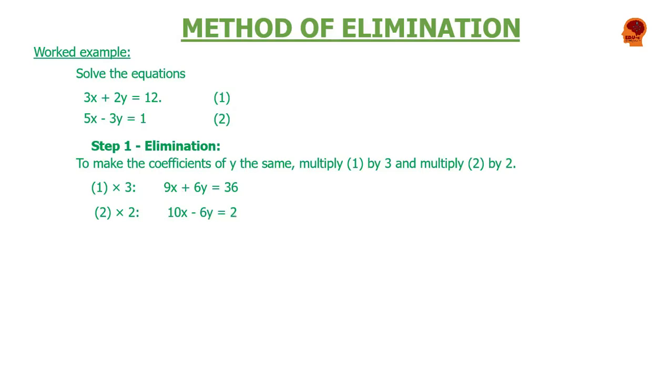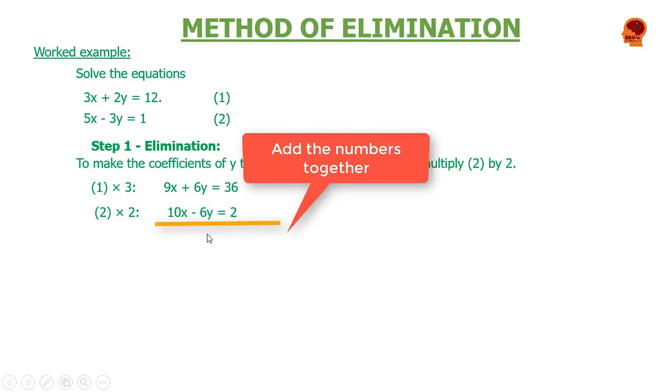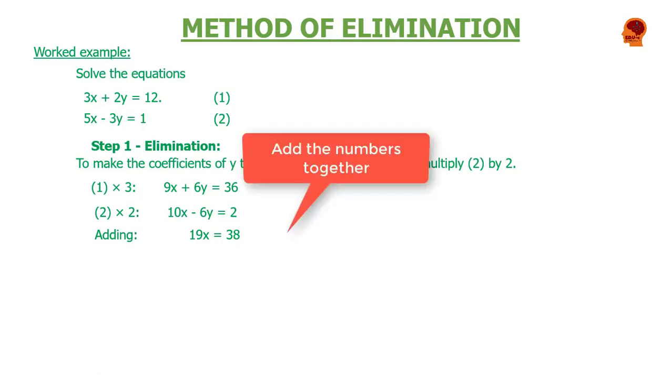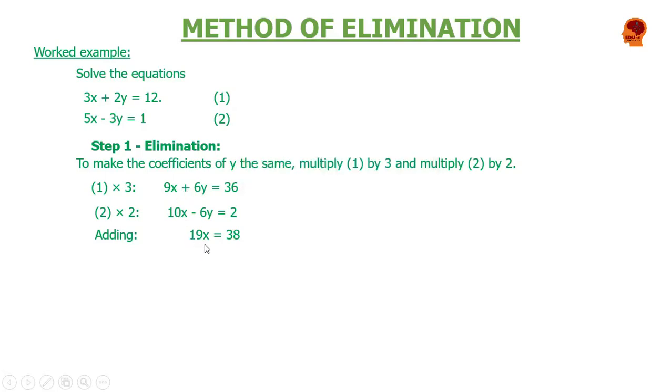Now what have we been able to do here? We have been able to make sure that the coefficients of y are the same. So what are we going to do? We are going to add the equations together. 9x plus 10x gives me 19x, plus 6y plus minus 6y gives me 0, and then we have 36 plus 2 gives me 38.